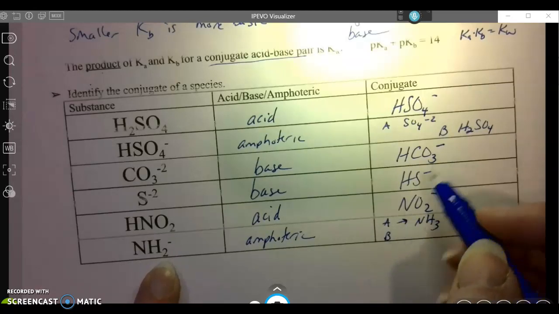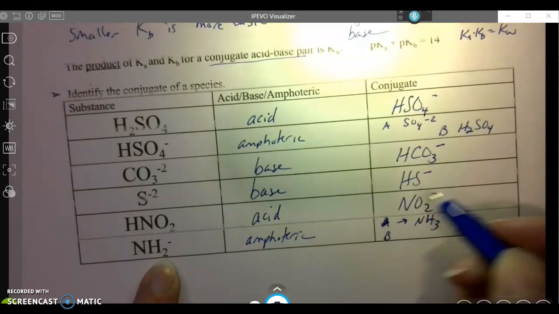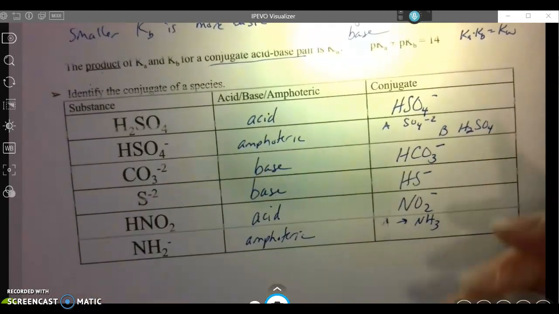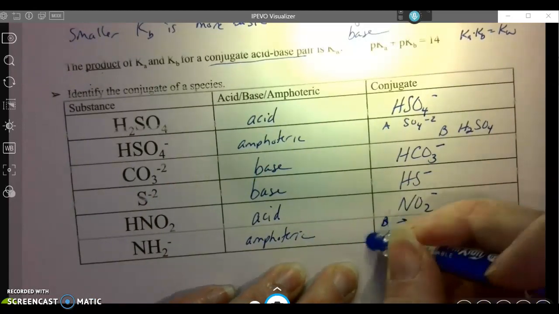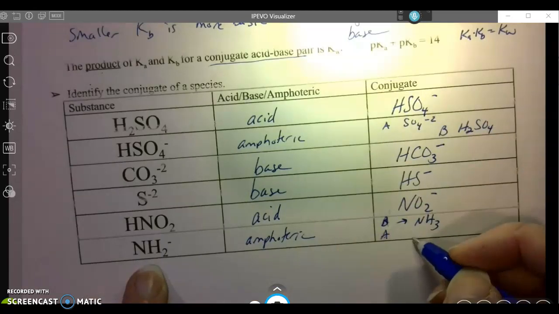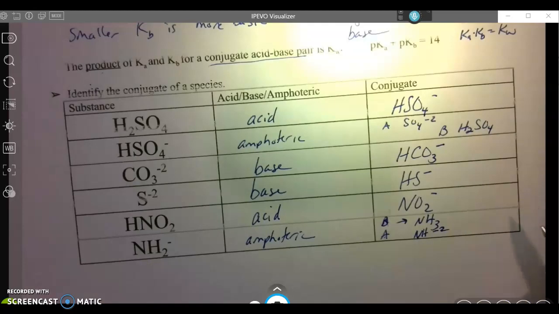Sorry, I said that backwards. When it's acting as a base, it's accepting a hydrogen and forming NH3, and if it's acting as an acid, it's donating. Sorry, NH3 is just my go-to for that one. It would be just NH 2 minus if it's donating another hydrogen. This is your conjugate. You'll see some of these in the next video.